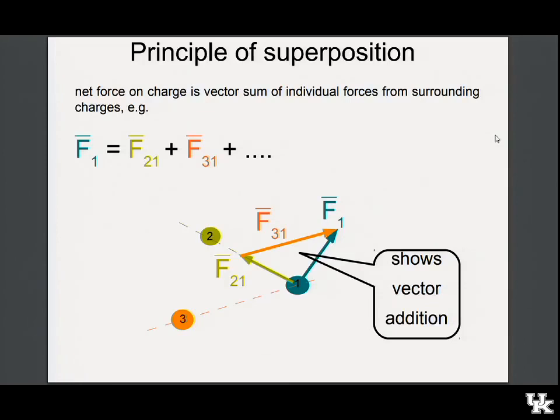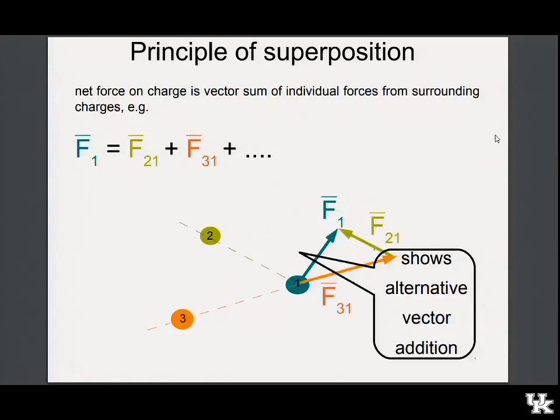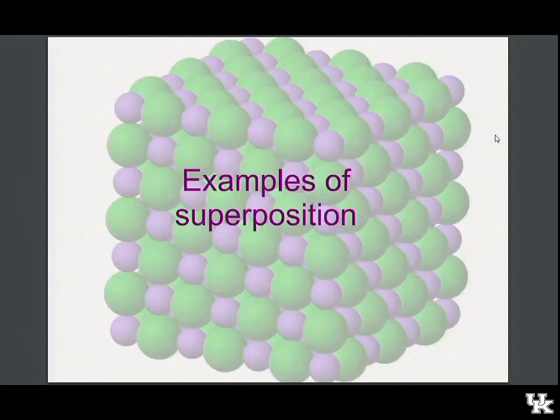You can draw it like this, where I added the force due to charge 3 to the force due to charge 2, or if you have a preference, you can add the force due to charge 2 to the force due to charge 3. That's another way of getting to the same net resulting total force. So that's superposition.